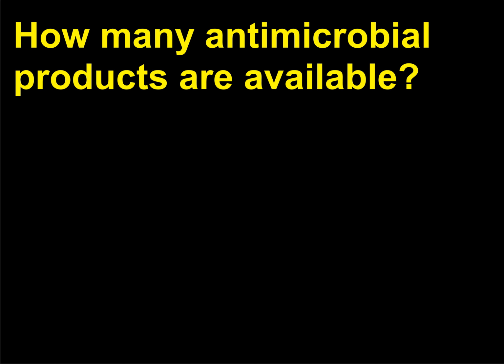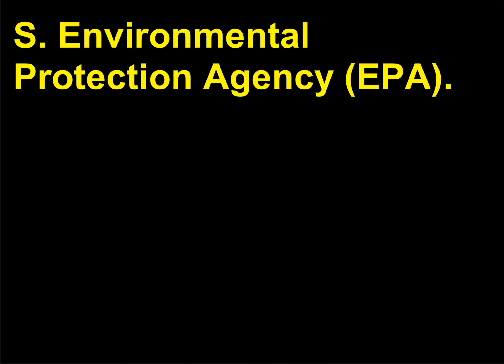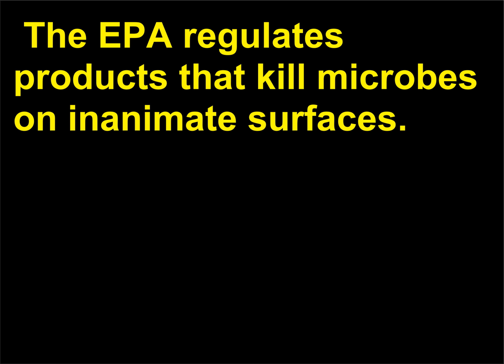How many antimicrobial products are available? More than 8,000 antimicrobial products are registered with the U.S. Environmental Protection Agency, EPA. The EPA regulates products that kill microbes on inanimate surfaces.